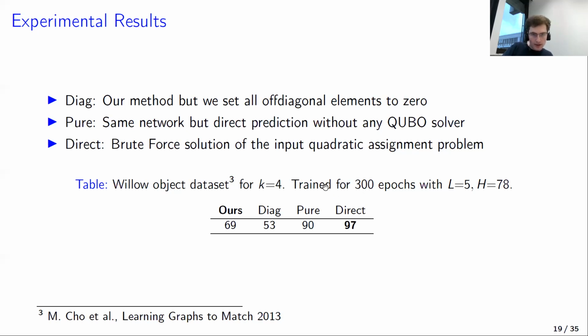These are some results for 4x4 permutations. We have direct graph matching at 97% accuracy, which we also considered as an upper bound of what would be achievable. Then our method got 69%. The diagonal baseline got a little bit less with 53, and pure got 90% for this application.